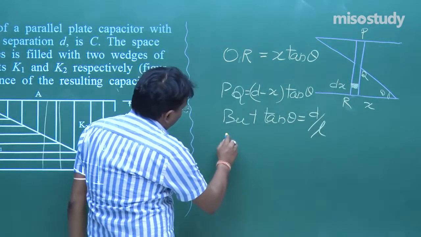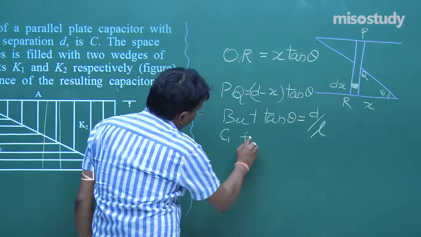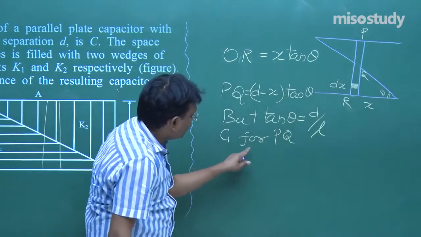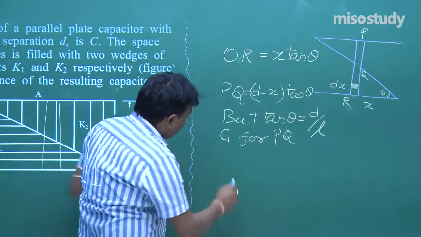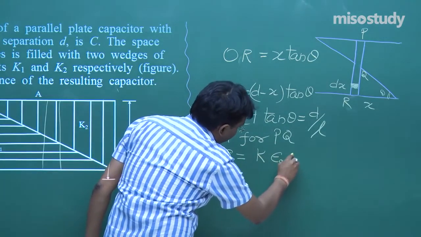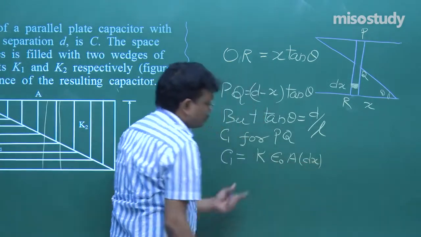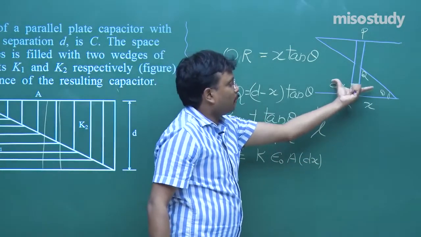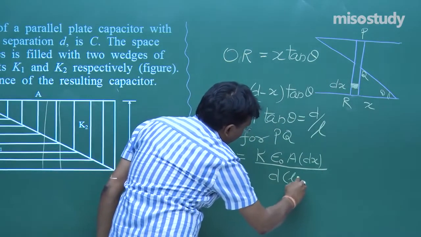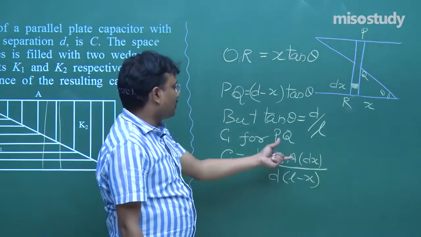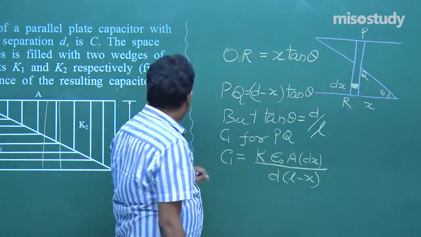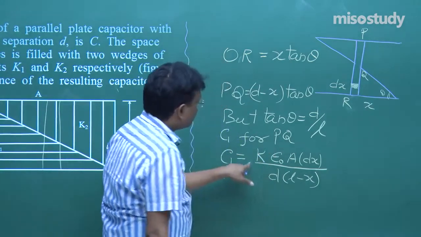Okay, so C1 for PQ, the final expression if I write down for C1, is K1 epsilon naught A dx upon (d minus x tan theta), but we have to expand it, so it becomes K1 epsilon naught A dx upon (dL minus x) over L. To get this expression, yes, up to some extent you have to work. So now use this C1 which is mentioned over here.